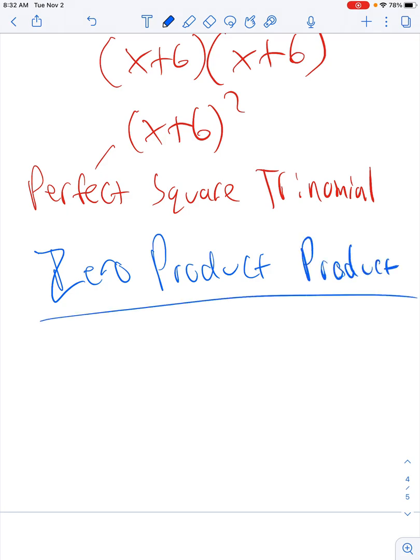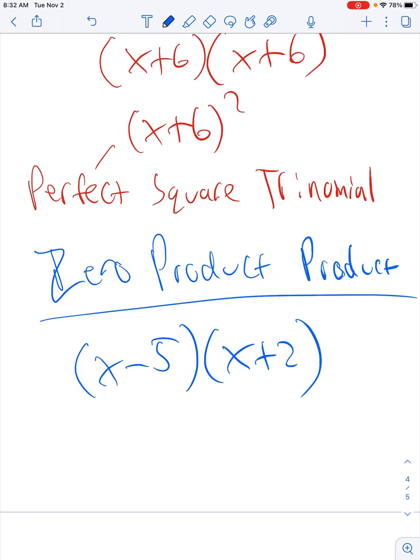All this is telling us is that if I have x minus 5, x plus 2, that was my factored form, if I can get this x minus 5 in the parentheses to equal 0, 0 times anything equals 0. It's the exact same thing if I can get x plus 2 to equal 0.